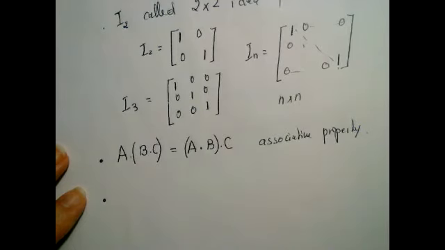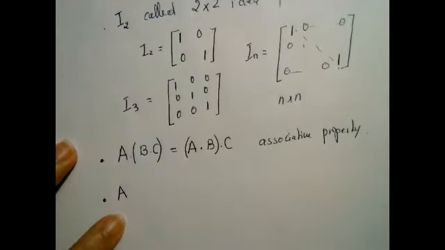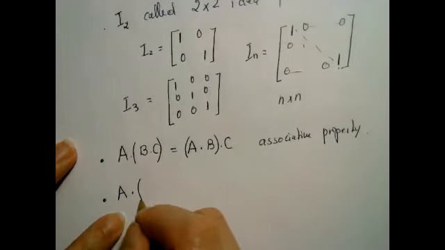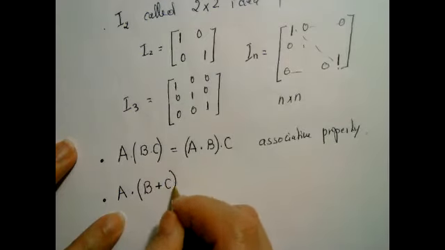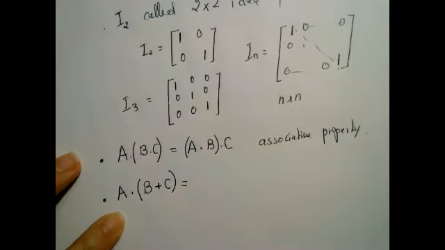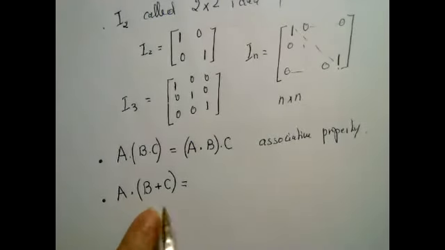It means how we can distribute matrices with respect to addition. Again, I'm assuming everything is defined. Suppose I take a matrix A and multiply it by the sum of two matrices, B plus C. Again, I repeat here, I assume things are defined. I can distribute.